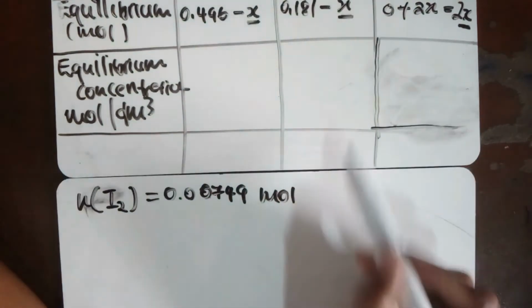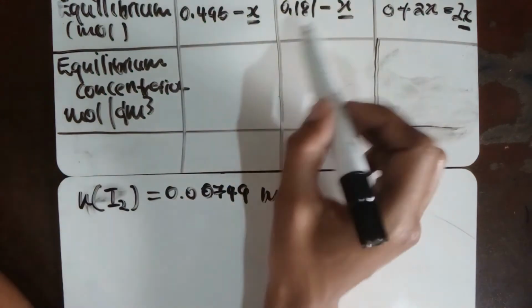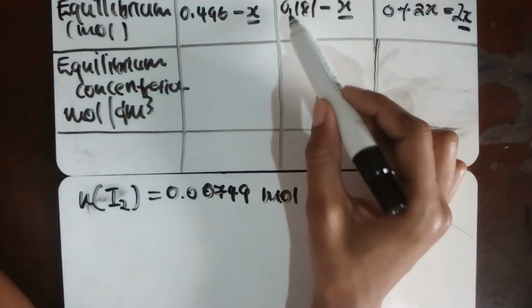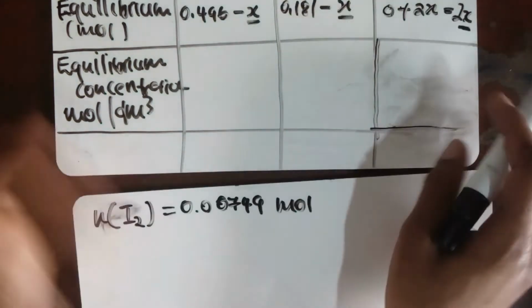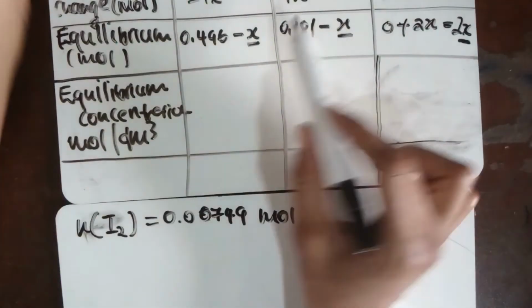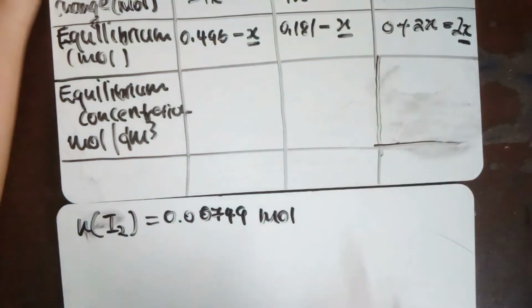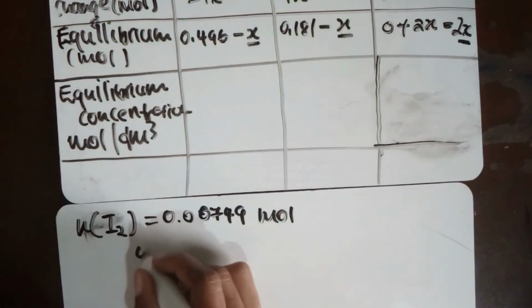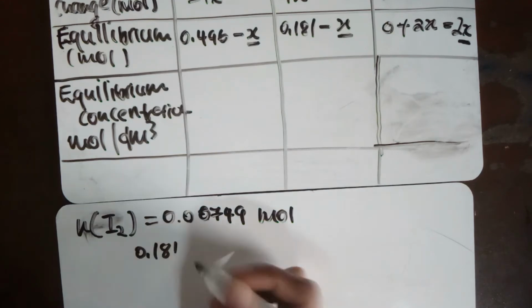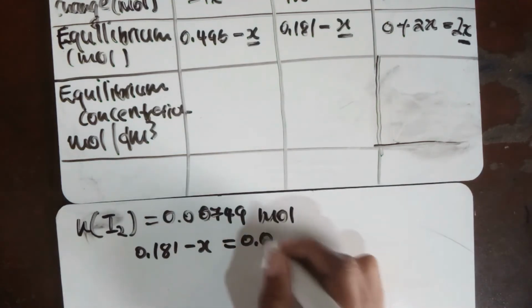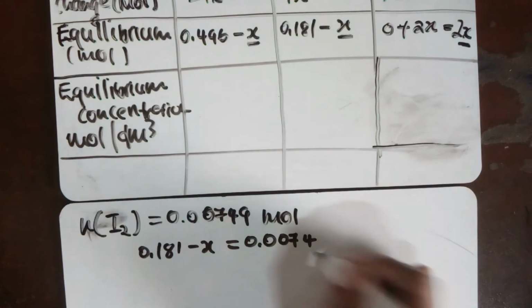So if we know that, it means that also at equilibrium, we also have the number of moles as 0.181 minus x. It means I can say that 0.181 minus x equals 0.00749, right?